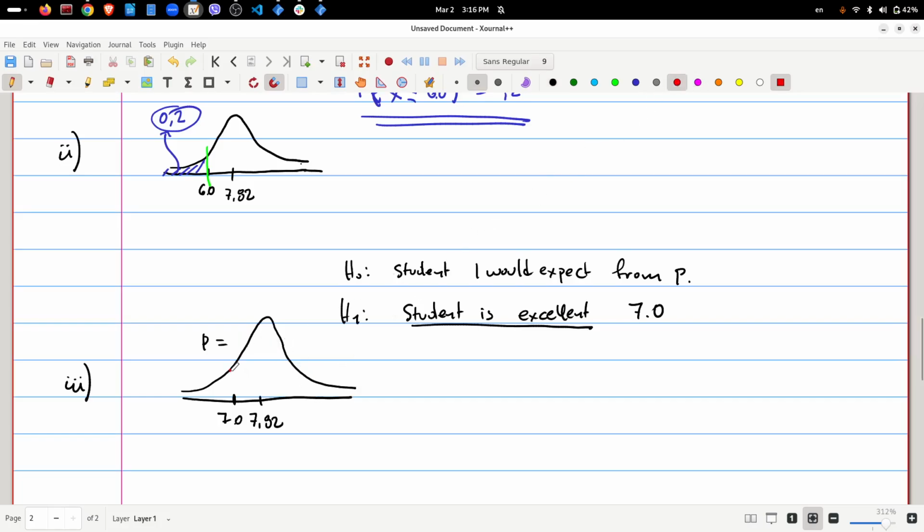And this area here now, 7 or greater, it's all this area. And let's say that the probability of this area is 0.6. So the probability to get an X greater than or equal to 7 is 0.6, which means that it's pretty easy to get a mark 7 or greater, which means that the student is not something extraordinary based on this distribution.